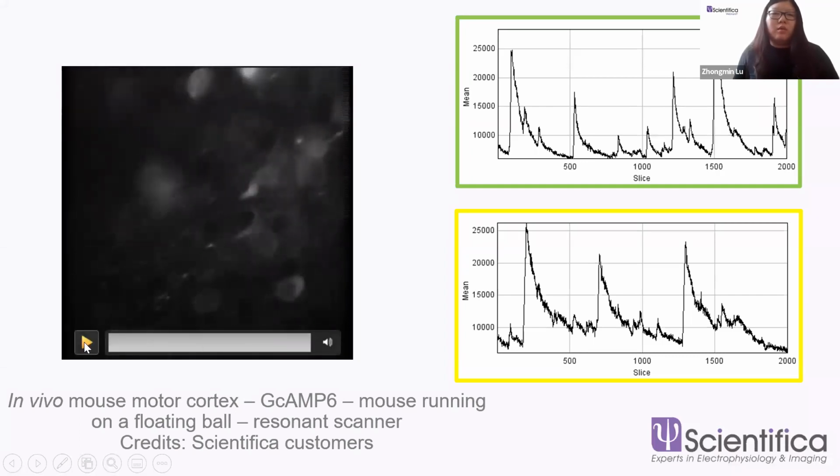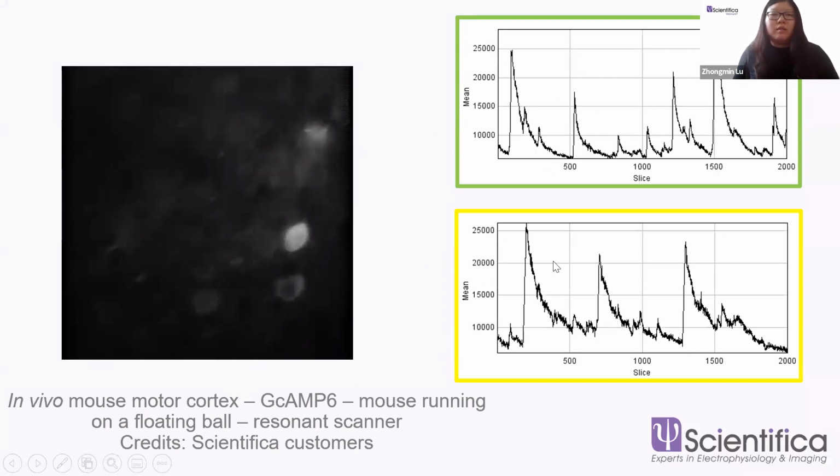The imaging quality is really high. We randomly selected some ROIs and used Fiji ImageJ to do a really simple analysis. The x-axis is frame number and the y-axis is fluorescence intensity. You can appreciate the very large signal to noise ratio.